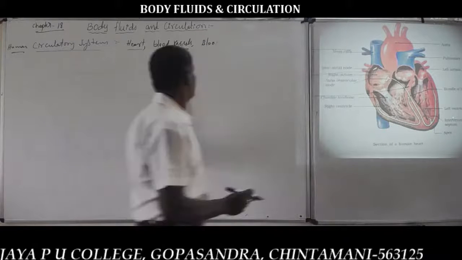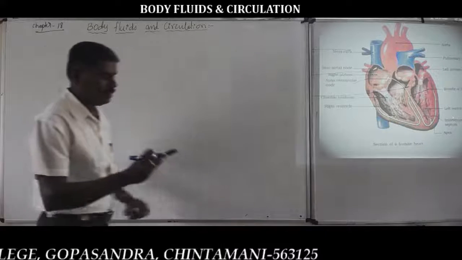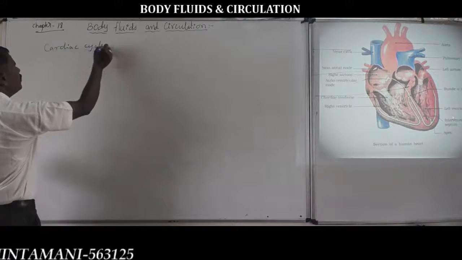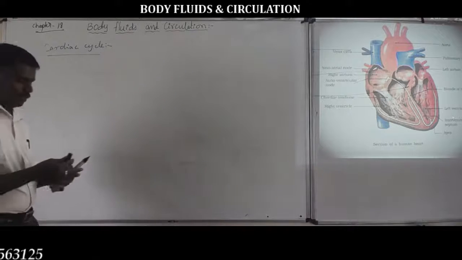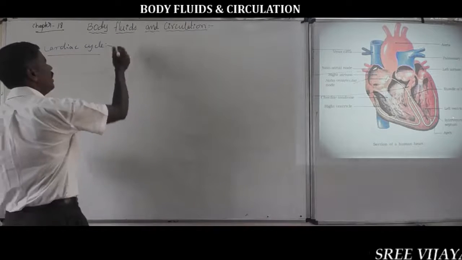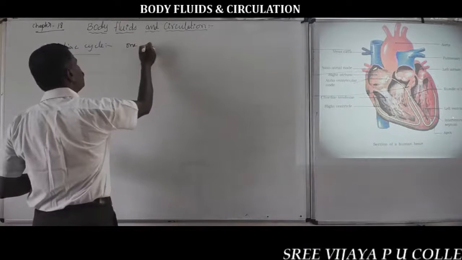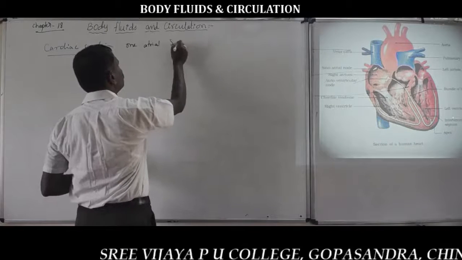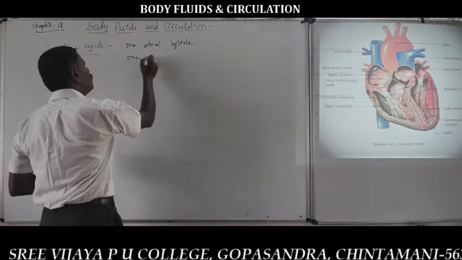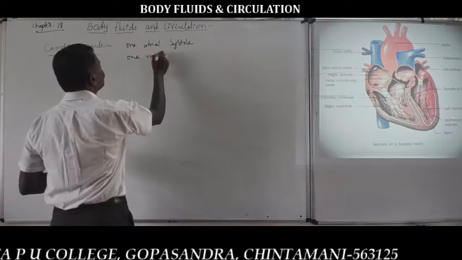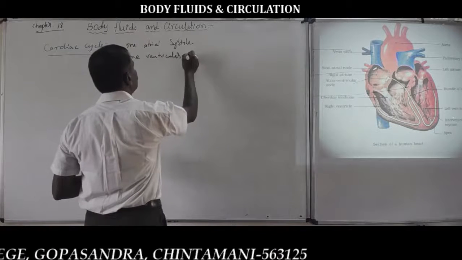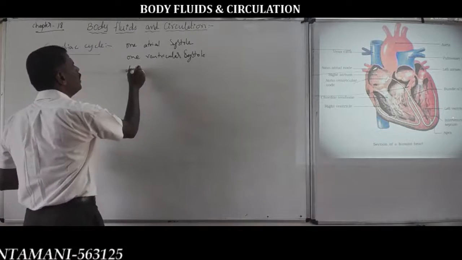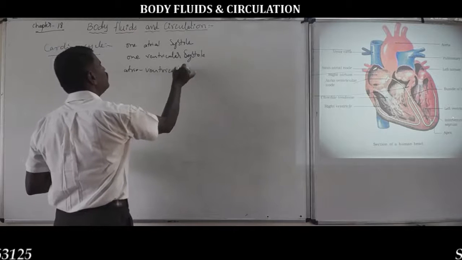Next, the cardiac cycle. The cardiac cycle is nothing but one atrial systole, one ventricular systole, and atrioventricular diastole.